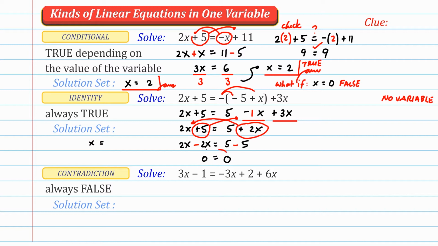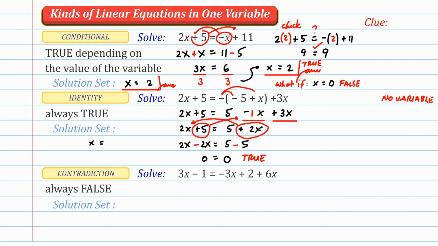But wait, may I ask you, what is this statement? 0 equals 0. Is it true or false? Please type, guys. It's true. The resulting statement is true. So, x did nothing because it cancels out. In the end, it will be true. What does this mean?